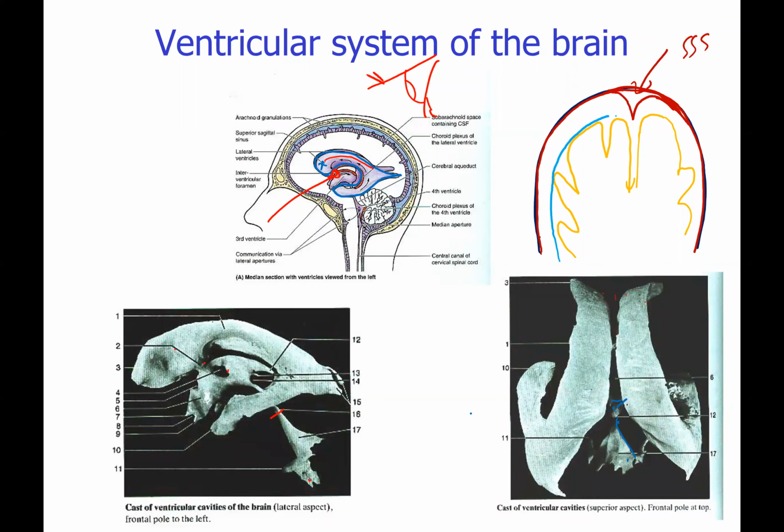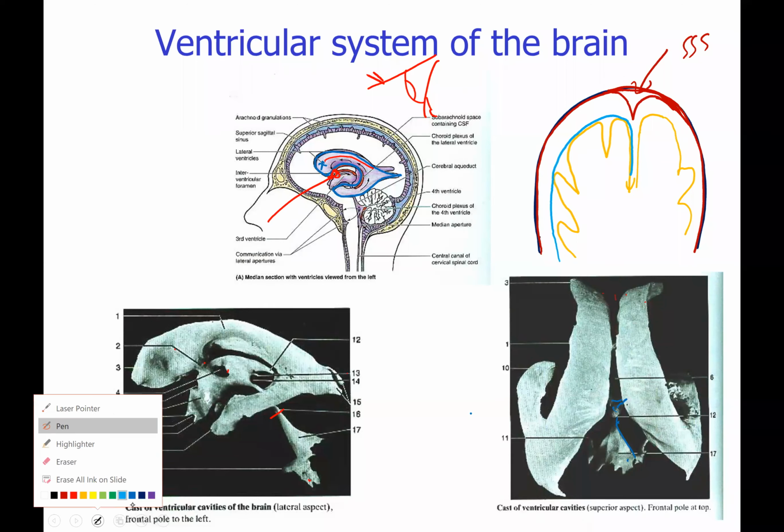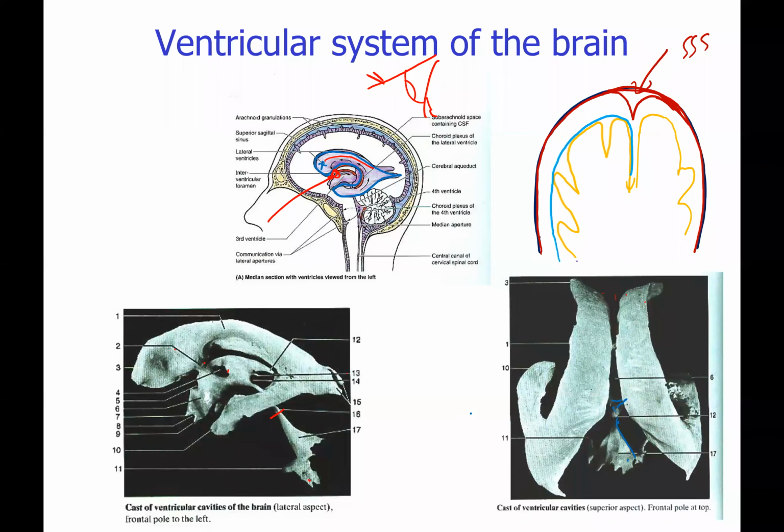Then your pia mater is attached to the surface of the brain like the visceral pleura. It should be understood like visceral pleura. So you can see this gap.